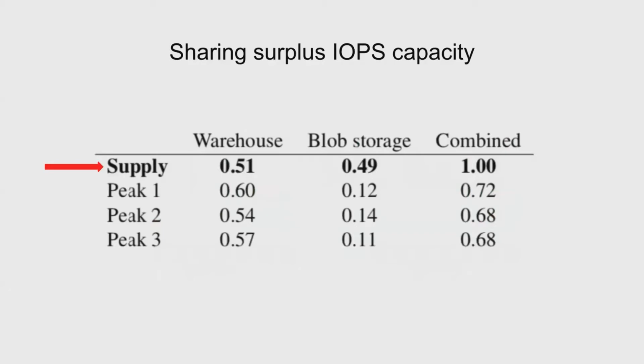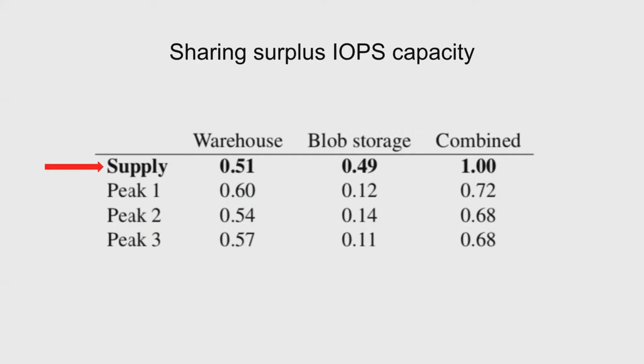The paper actually says that neither IOPS nor bandwidth can fairly account for disk IO usage. So in order to see whether they're actually sharing surplus IOPS capacity, they measure the disk time, which is how often a given disk in the system is busy.